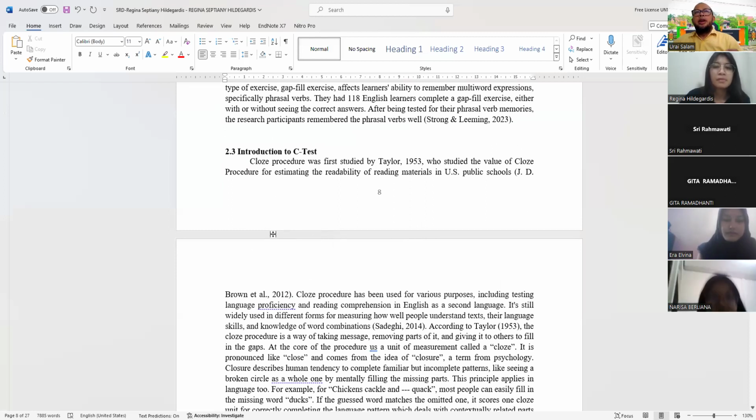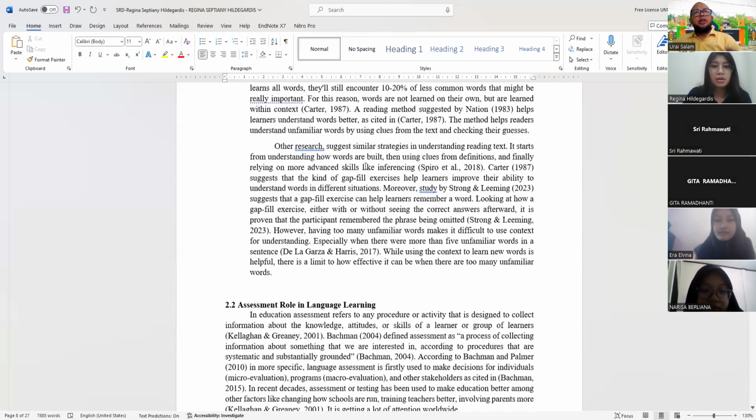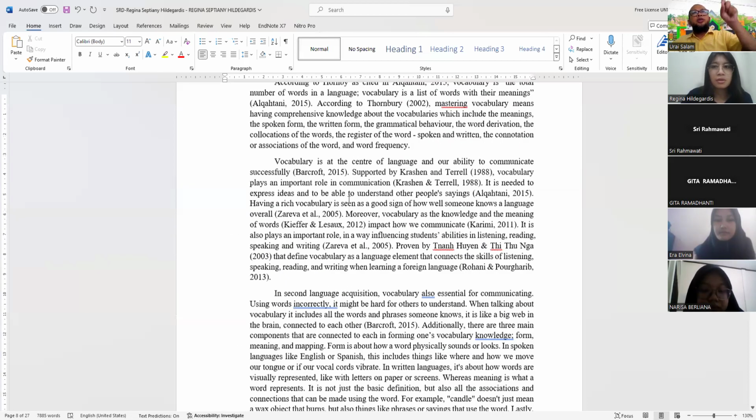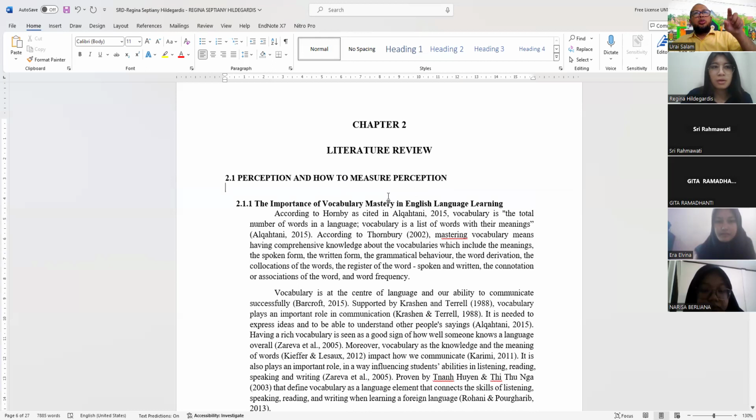And in this section, once again, you should have talked about how to measure, what kind of survey you are going to use. Ibaratnya kisi-kisinya itu sebenarnya sudah harus di sini.